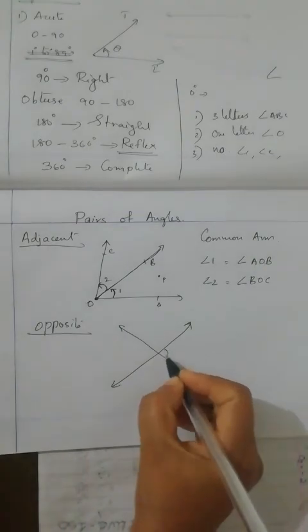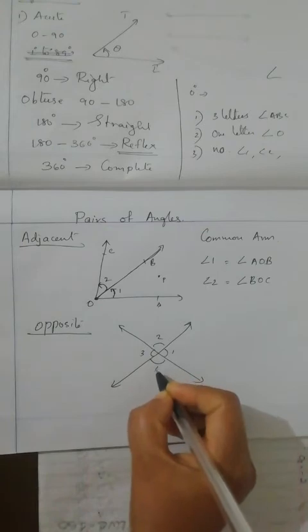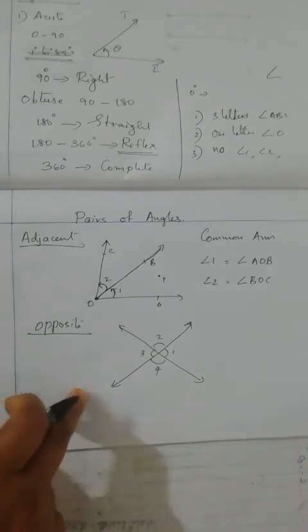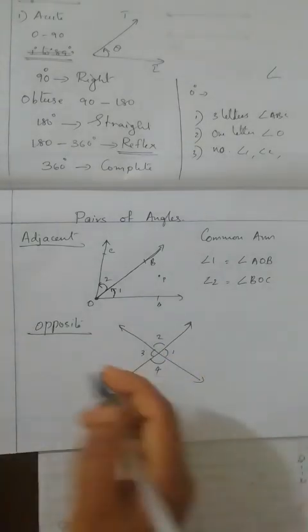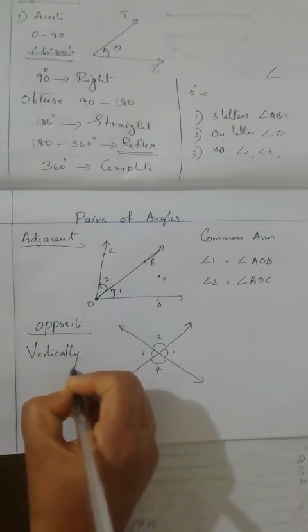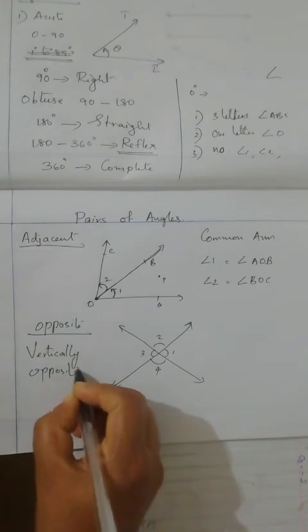We can mark them as angle 1, angle 2, angle 3, angle 4. Opposite angles, another name is vertically opposite angles.